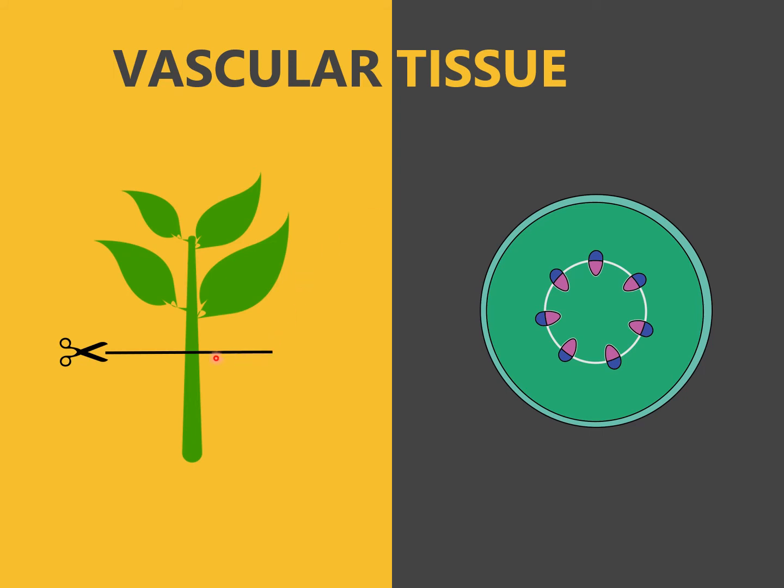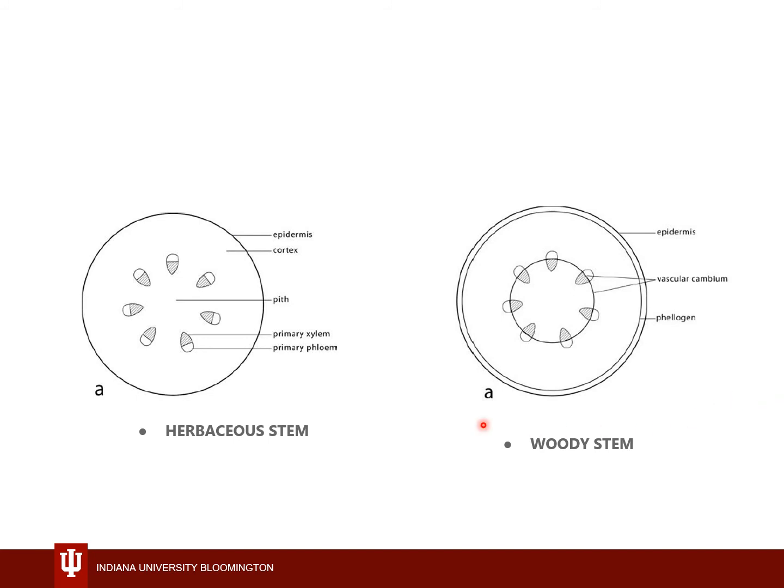So if we were to take our little plant here and take a cross section, if we were to cut it like this and look down the end of the stem, we would see something like this, and we're going to identify what some of this stuff is. There's one important distinction between herbaceous and woody stems.